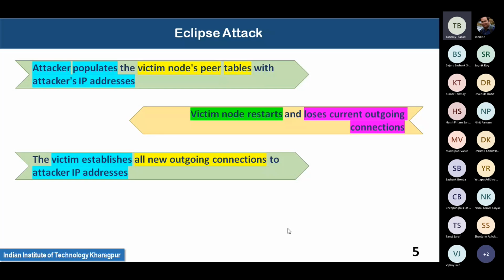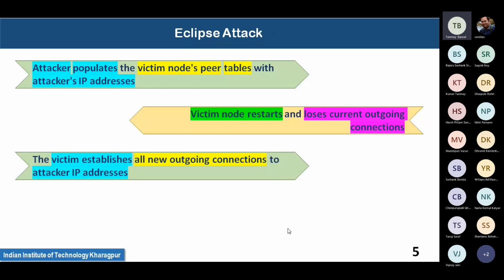In any node, including the victim node, there are peer tables which are used for it to communicate. Remember that these addresses we are talking about are real IP addresses, because, if you remember, we said that it runs on TCP. So it will finally have to have the socket address with the IP address and the port number. So these are real IP addresses, not like the public key addresses and hashes that we talked about.